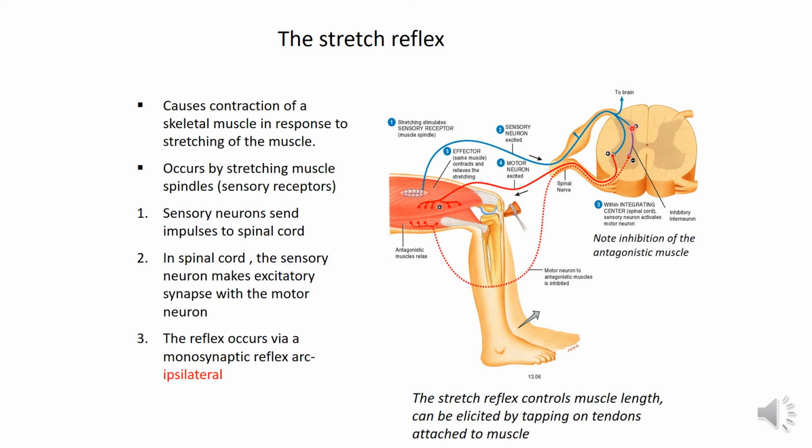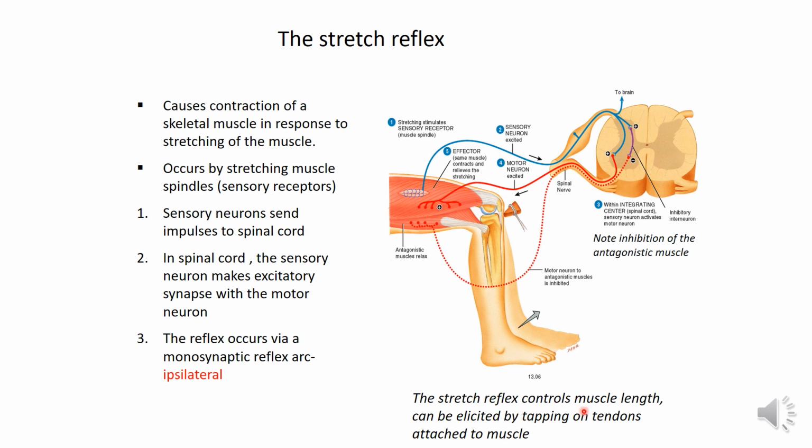They also synapse with an interneuron that supplies the antagonistic muscles, and they inhibit the antagonistic muscles. And the response here is extension of the knee. So we have contraction of the quadriceps muscle and inhibition or relaxation of the hamstring muscles.